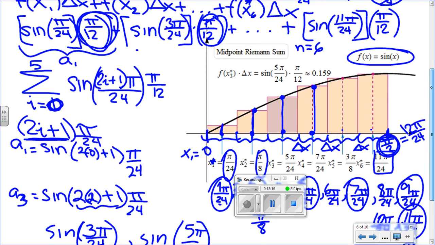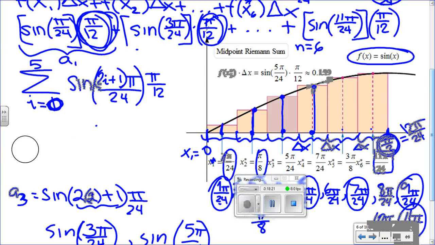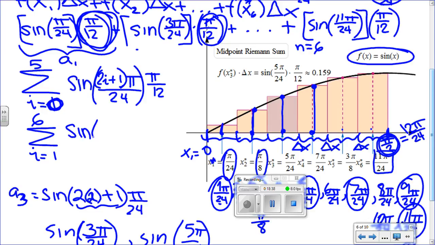Now let me just write mine. It's very similar too, but I started at 1. Let's say i equals 1, and then I will go all the way to 6. And what I did, I used 2i plus 1.